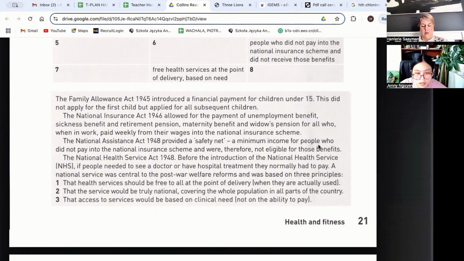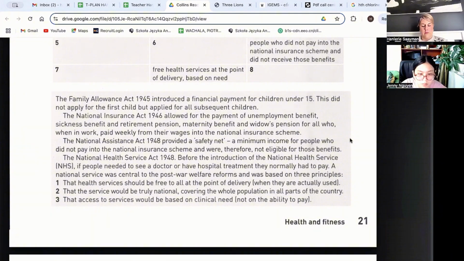The National Insurance Act 1946 allowed for the payment of unemployment benefits, sickness benefit, and retirement pensions, maternity benefit and widows' pensions for all who were paid weekly from their wages into a national insurance scheme. The National Assistance Act 1948 provided a safety net and minimum income for people who did not pay into the national insurance scheme and were therefore not eligible for this benefit.